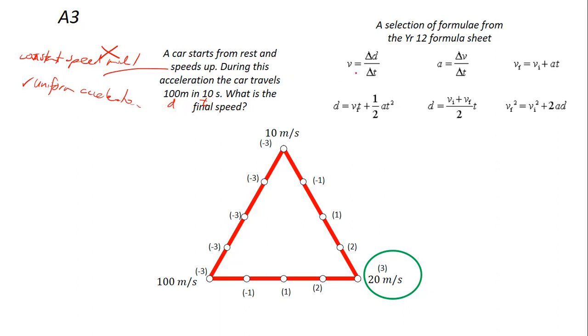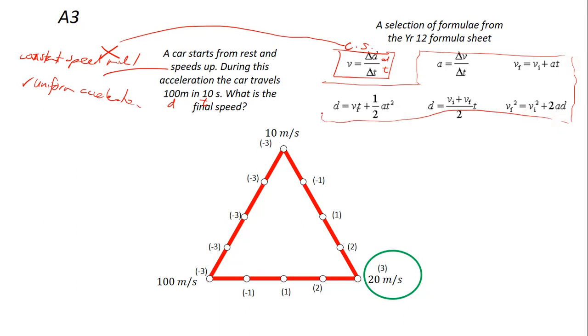What formula have I got? Oh, there's a distance and there's a time. This formula is for constant speed. You can't use it for acceleration. It is for constant speed. The rest of these 5 are your uniform acceleration formulas. So this is the reason I put this question in, is because I knew a bunch of people are going to get that as their answer.